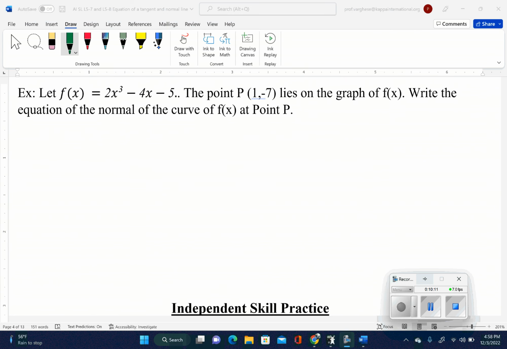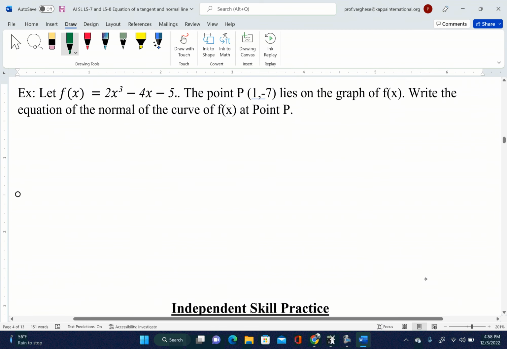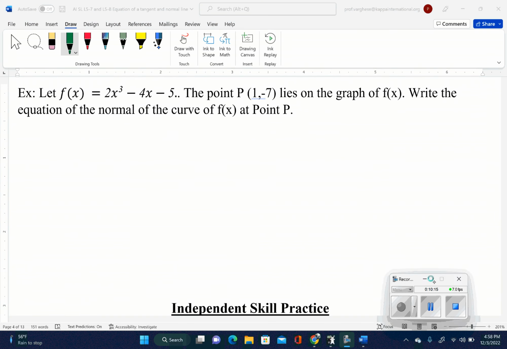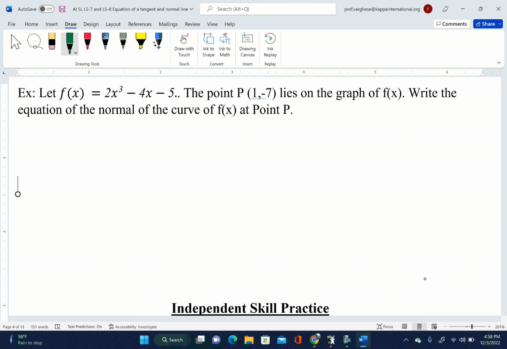All right, so what might a problem look like? Over here we have a point: x is equal to 1 and y is equal to -7. We have a function. So we know step 1 is to find the derivative of this function.